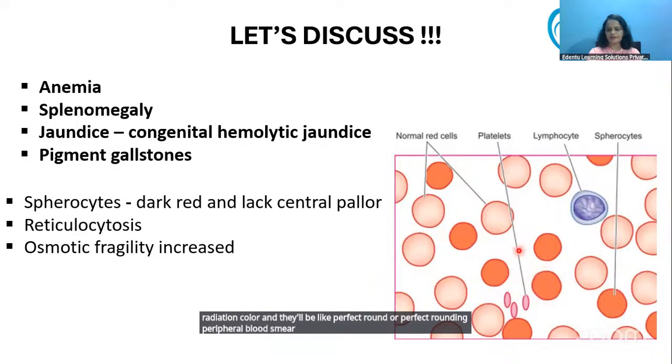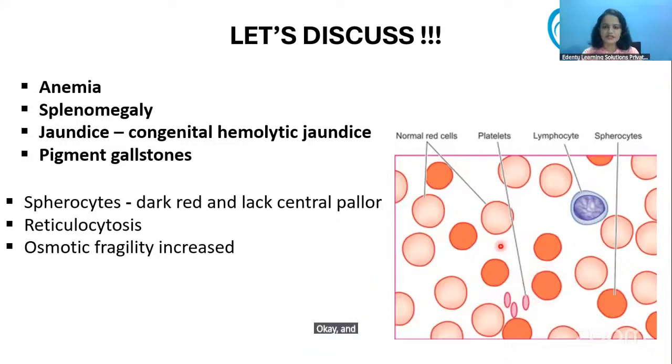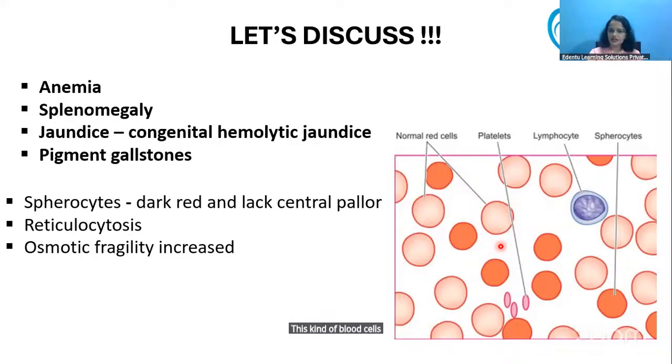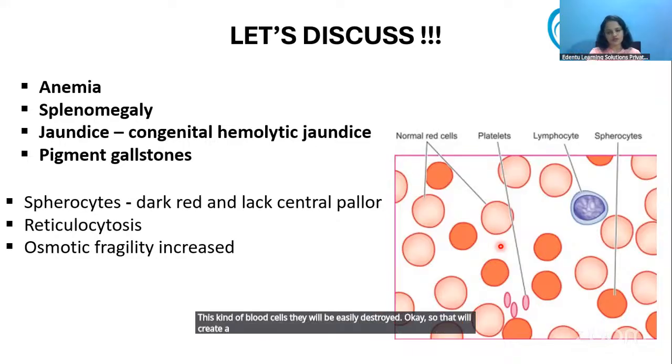Lots of reticulocytes can be seen to compensate for anemia; the immature blood cells will be seen in the peripheral blood smear. Osmotic fragility is also increased. If you do the osmotic fragility test with a low salt concentration liquid, these blood cells will be easily destroyed, creating a higher osmotic fragility index.